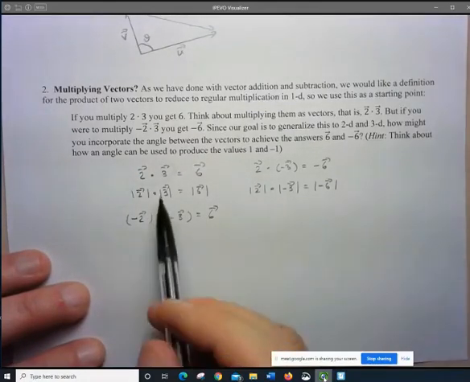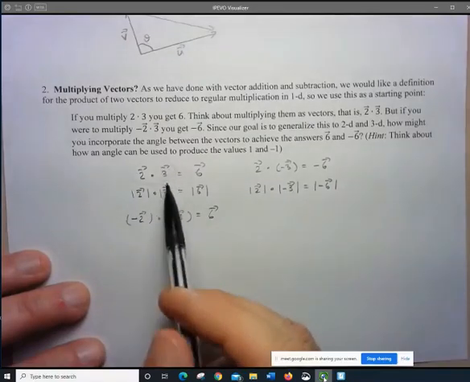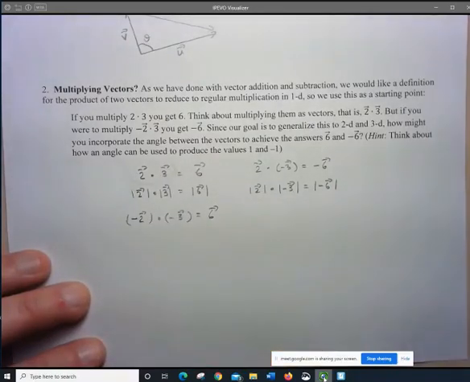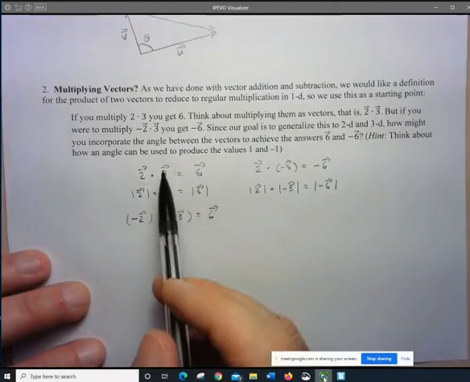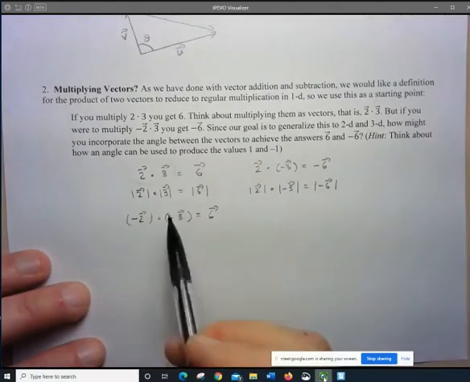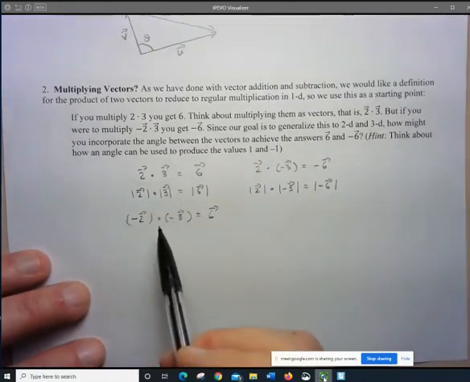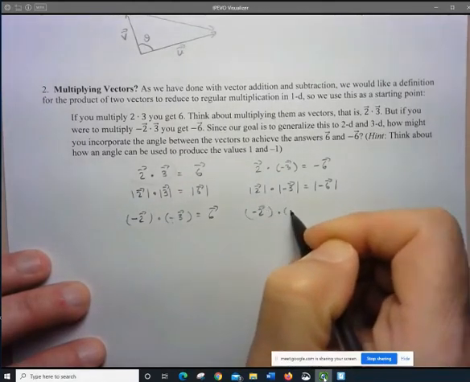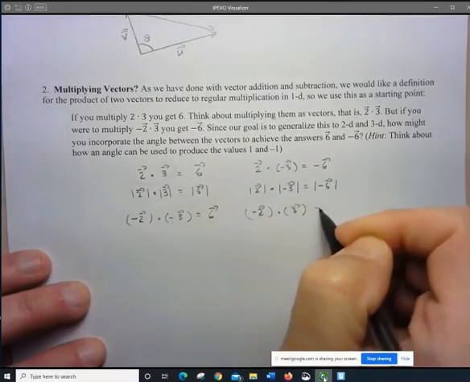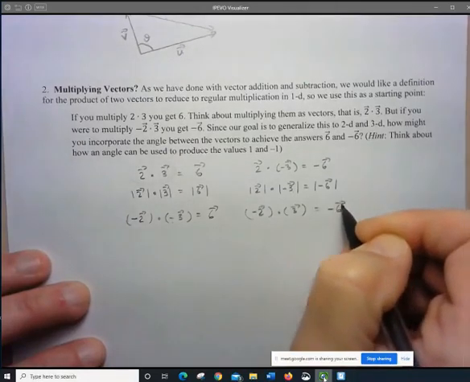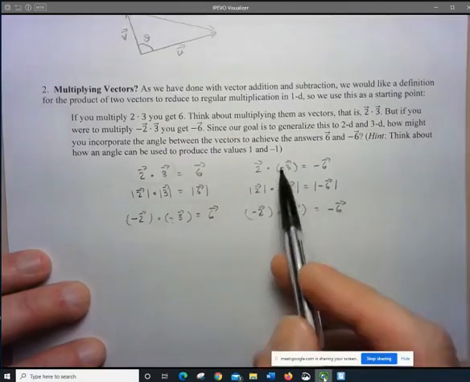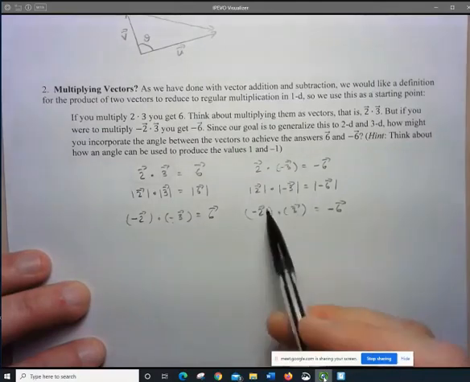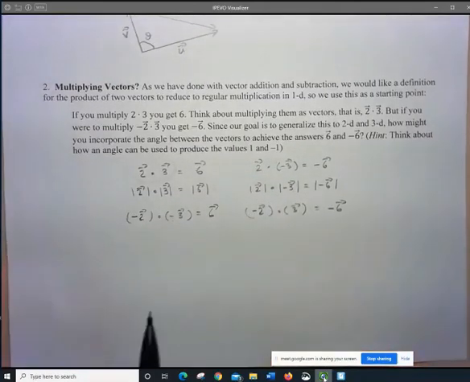And what is the relationship between these two products? The angle between the vectors is 0 degrees, whereas here if I do -2 times +3, again, I get vector -6. And what relationship do these two products have? The angle between them is 180.